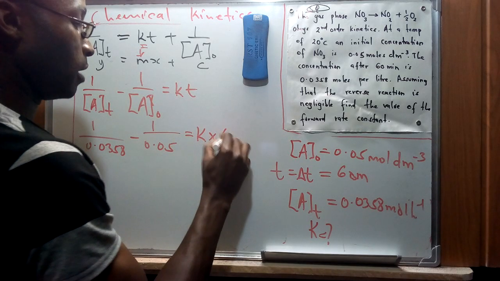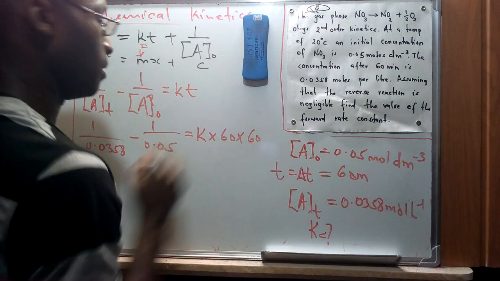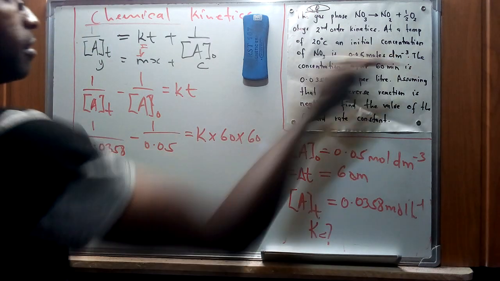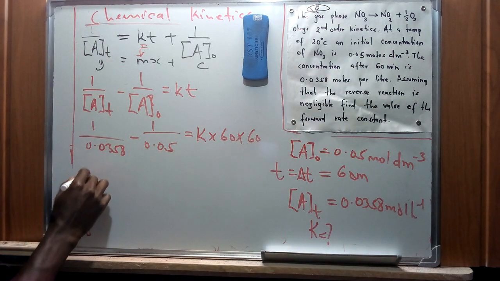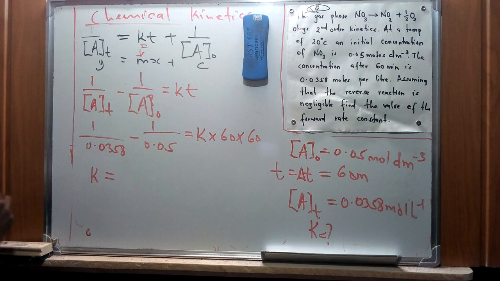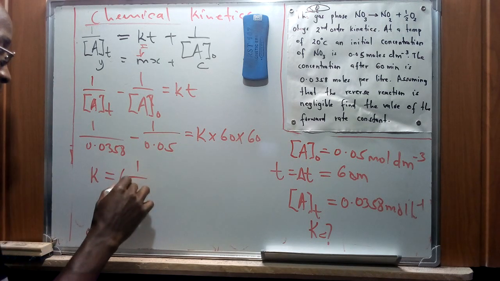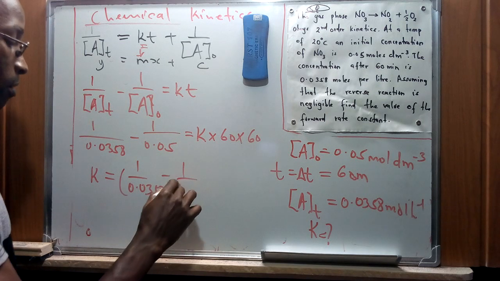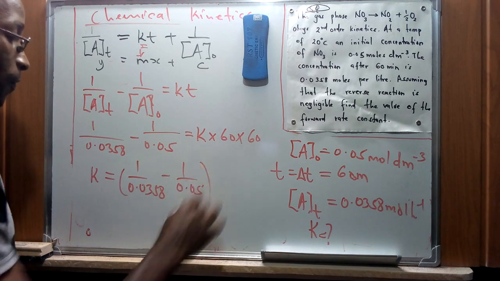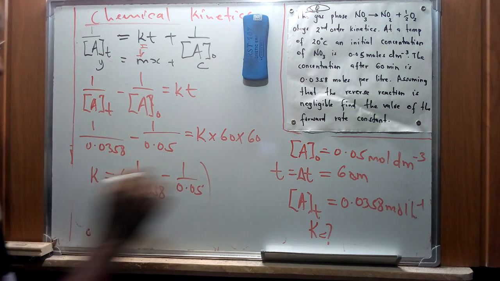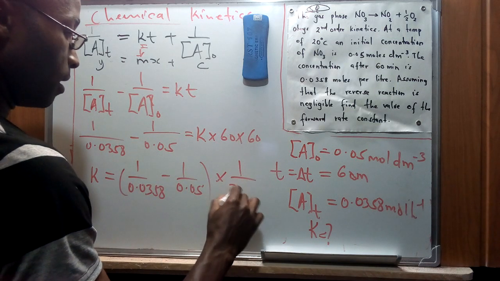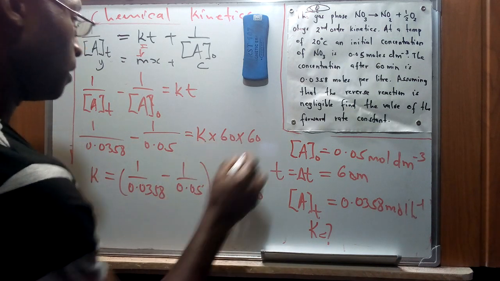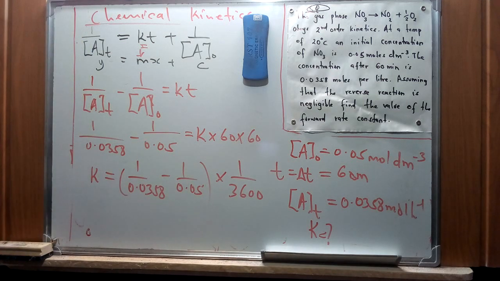The standard unit of time is seconds, so we're going to convert these 60 minutes into seconds. Rearranging, k equals 1 over 0.0358 minus 1 over 0.05, times 1 over the conversion into seconds.